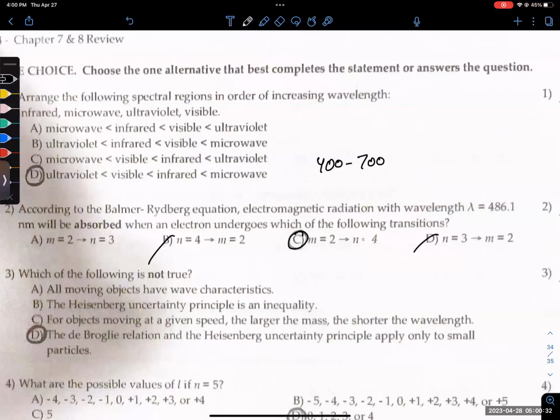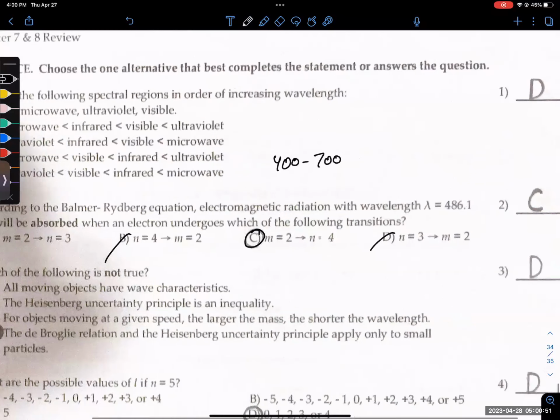Is that M? You don't need to do math equations if you understand it, because it's a higher difference. I know that 486.1 is a high energy photon, so if it's high energy, it'll probably jump between a larger transition. Someone asked what the N means.